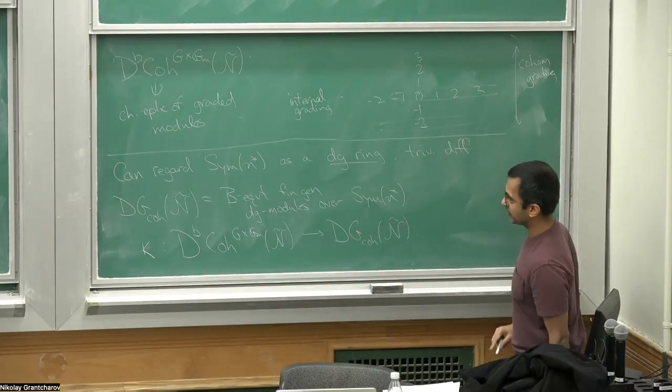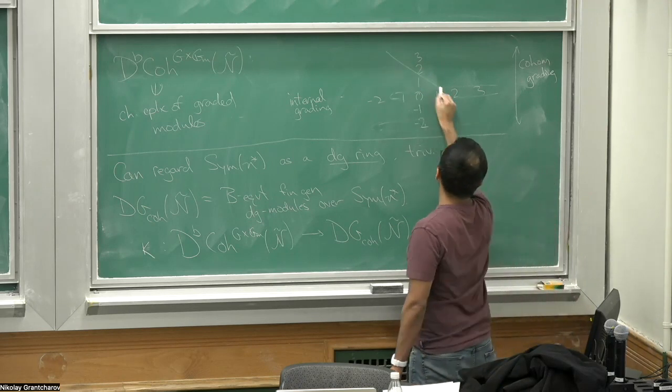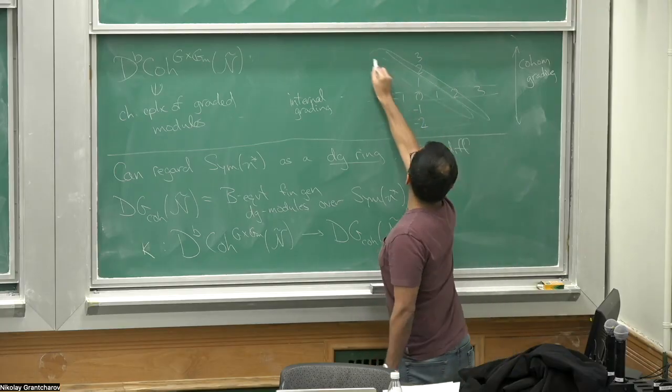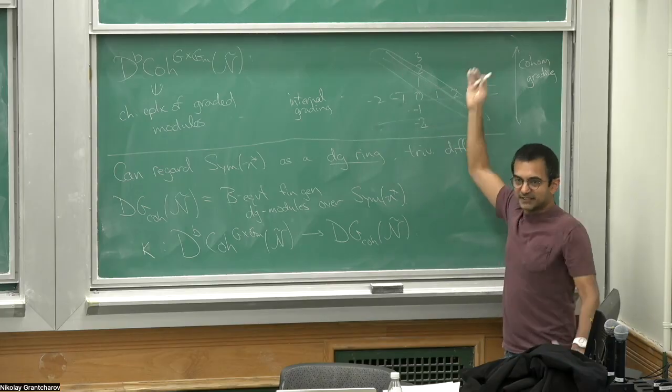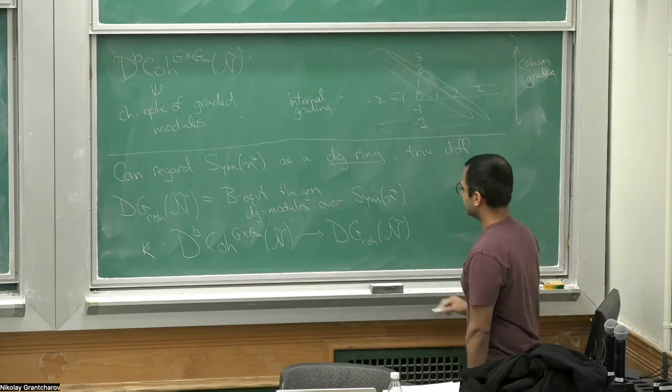Basically, I want to call that functor kappa, and kappa means you add up along these antidiagonals. So you take a chain complex and you just take the direct sum along each of those antidiagonals, and you get a DG module. Okay.